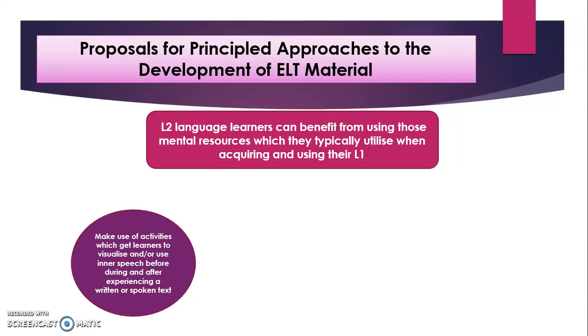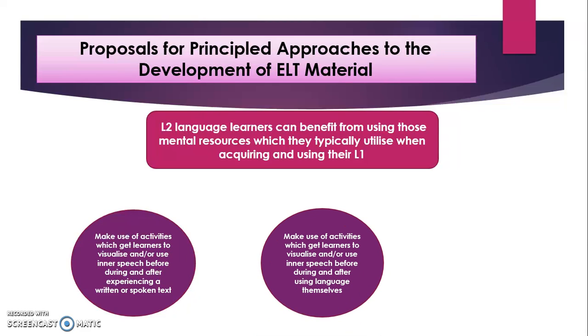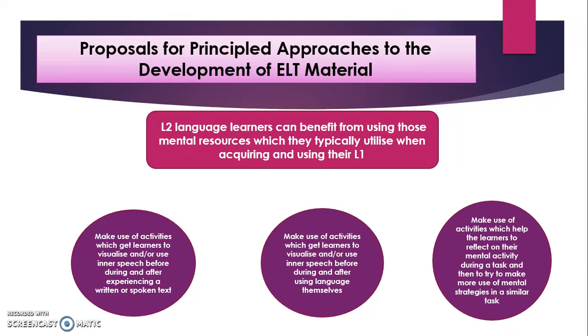So make use of activities which get learners to visualize or use inner speech before, during, and after experiencing written or spoken texts. Make use of activities which get learners to visualize and use inner speech before, during, and after using language themselves. And another one: use activities which help learners to reflect on their mental activity during tasks, so they try to make more use of mental strategies in similar tasks.